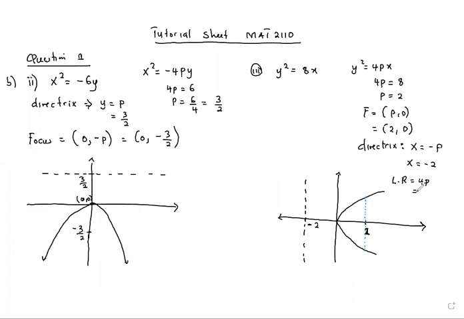And what is p? P is 2. So it will be 8. That's the distance there. To give you an idea, because it's 8, this point here is supposed to be 4, and this point here is supposed to be -4. That's the one where this distance here is going to be 8.